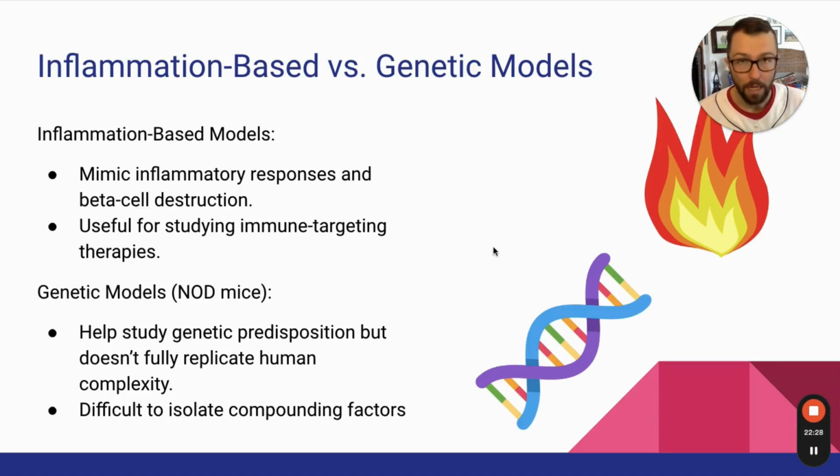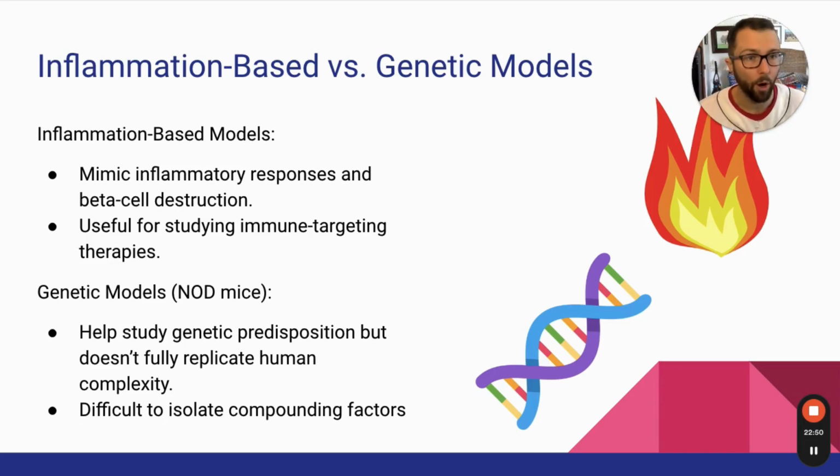So now we can look at some of the finer details as to how the immune system is doing this, ways to disrupt the specific pathways that link the immune system and beta cells.